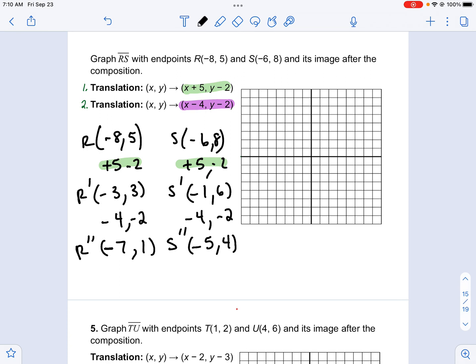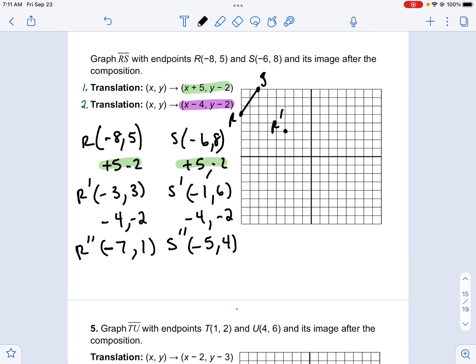Now we just plot everything. 1, 2, 3, 4, 5, 6, 7, 8, negative. 1, 2, 3, 4, 5. R. 1, 2, 3, 4, 5, 6. 1, 2, 3, 4, 5, 6, 7, 8. S. Negative 3, 3, R prime.